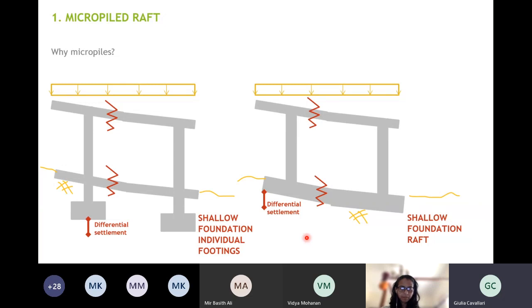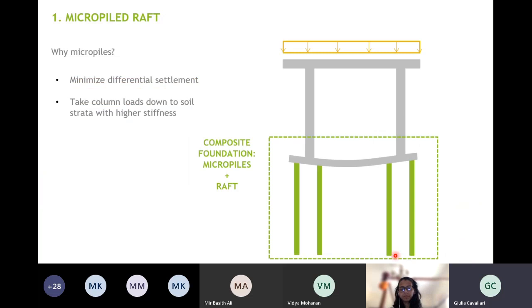This is not desirable. It could cause cracks in the building or failure in extreme cases. Therefore, we decided to introduce micropiles to minimize the differential settlement and take the loads down to a deeper soil strata with a higher stiffness. So this is the idea behind the selection of a composite foundation made of micropiles and raft.